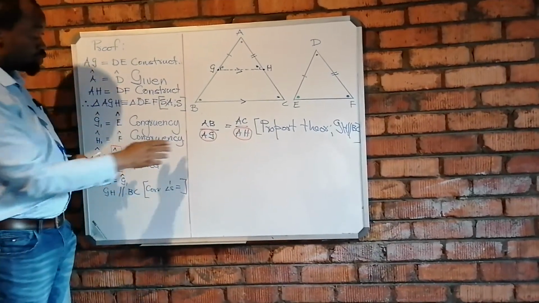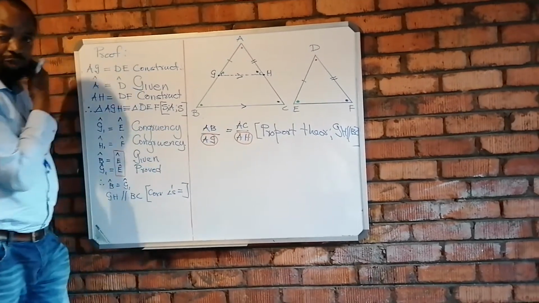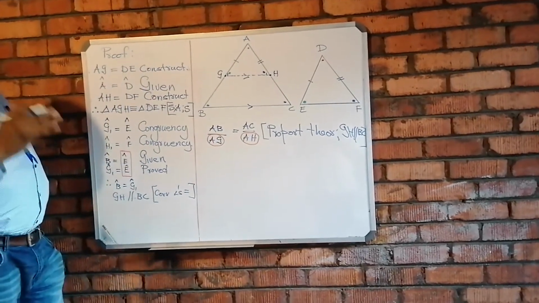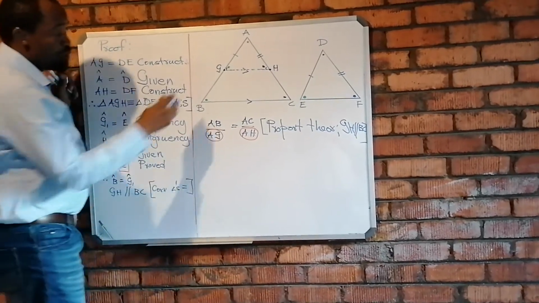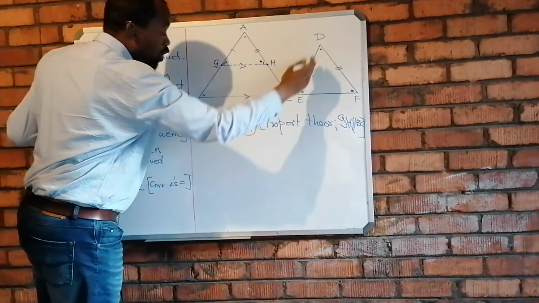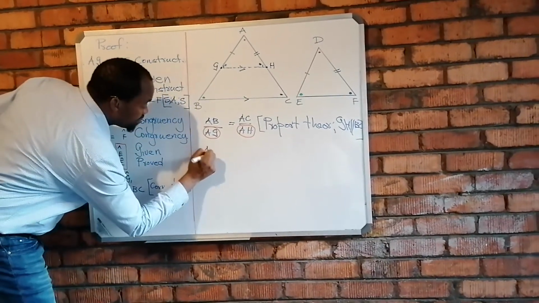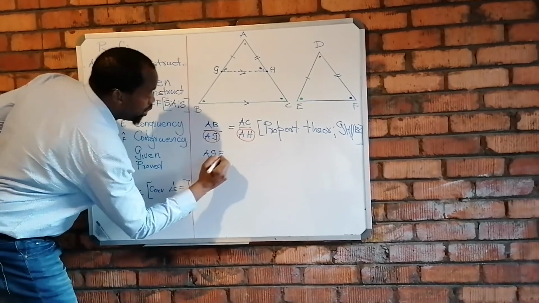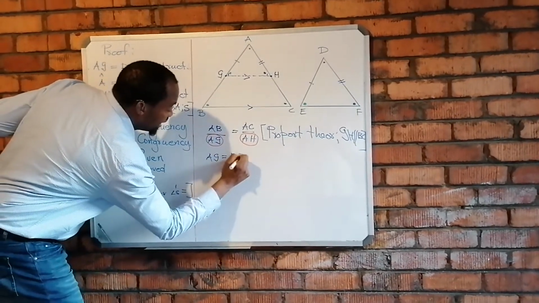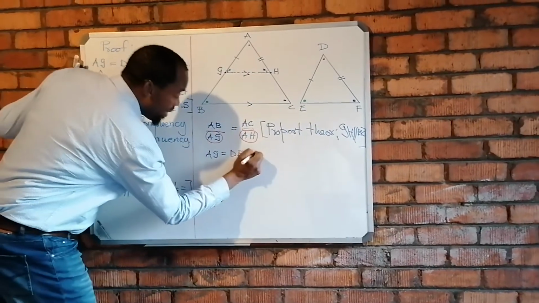How are we going to get rid of this? We are not going to take the T-pex and T-pex it. We use mathematics. Remember, from the construction, we said that AG was equal to DE. That is from the construction.